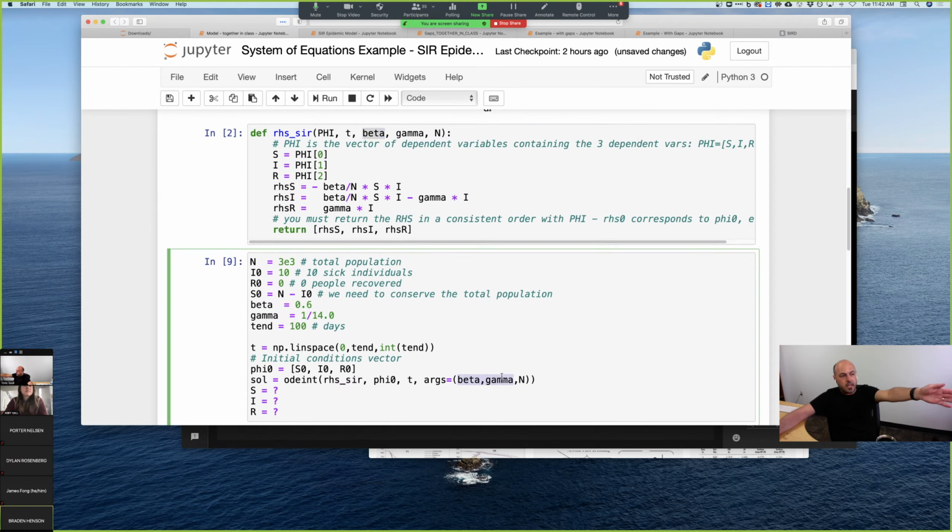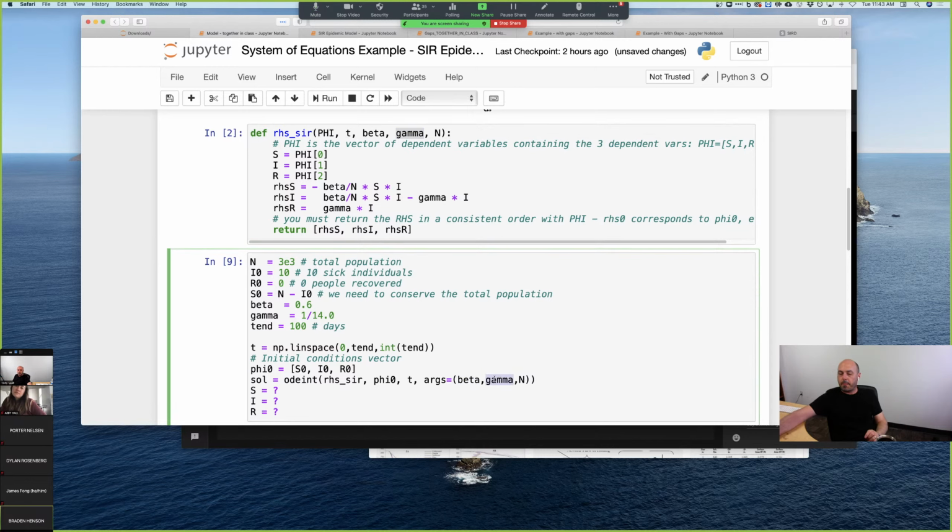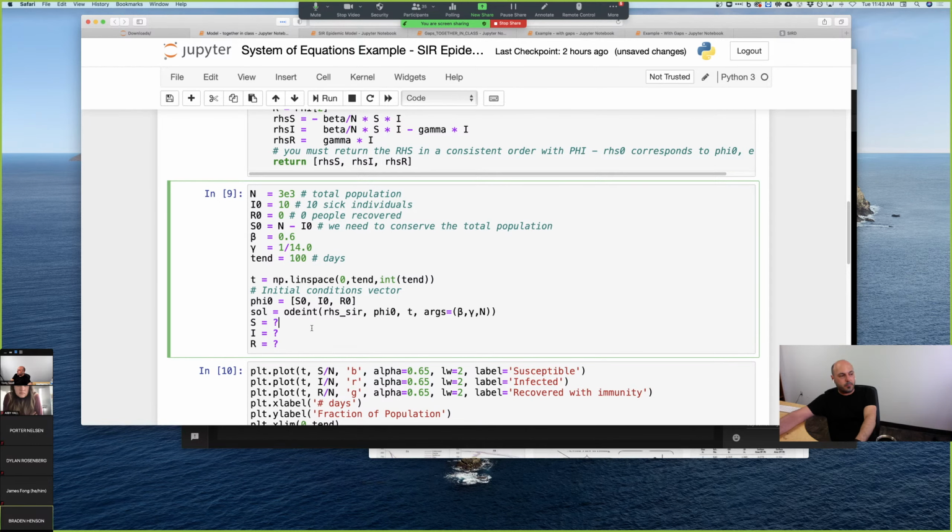What you're passing here is just a slot. In this slot, you're going to pass this value, 0.6. In the second slot, you're going to pass another number. That's what matters. Does this clarify? Yes, thank you. Okay, gamma. I'm going to switch back to beta and then gamma.